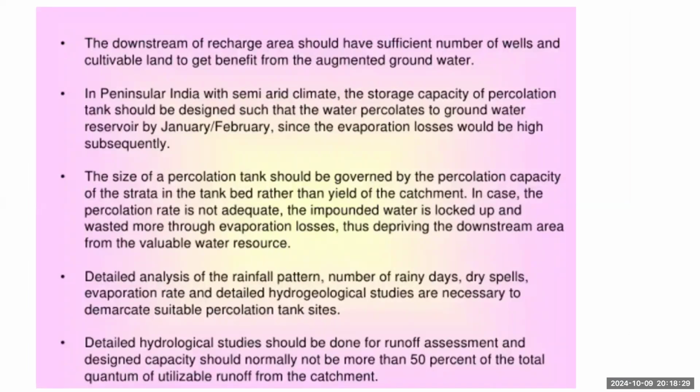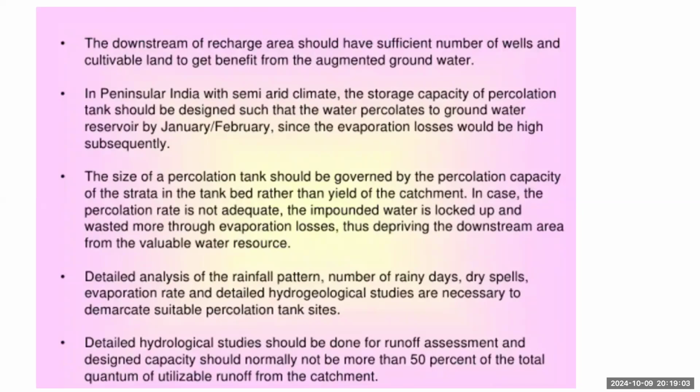So these percolation tanks are implemented in drought-prone areas where the rainfall is less. Water is stored in the percolation tank and allowed to percolate so that the groundwater level is raised, and this increased groundwater table is tapped through open wells and tube wells. Open well म्हणजे विहीर, tube well म्हणजे bore. So this is the system of percolation.